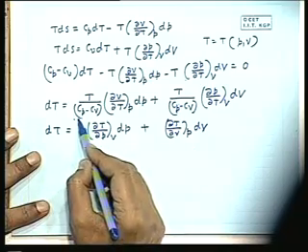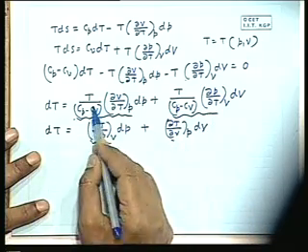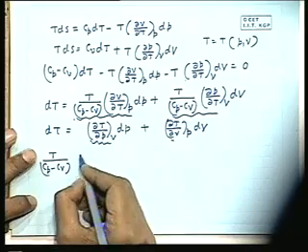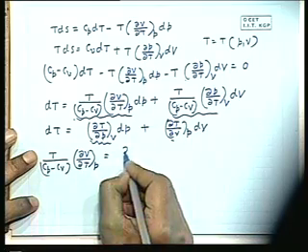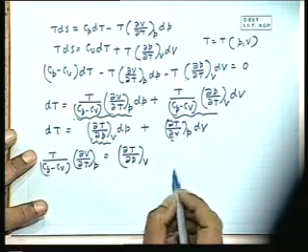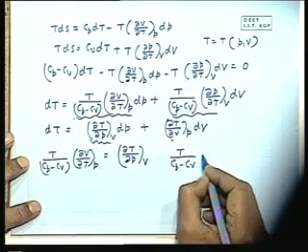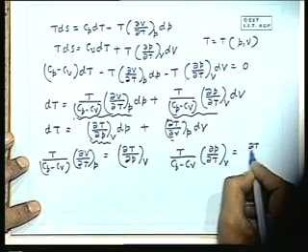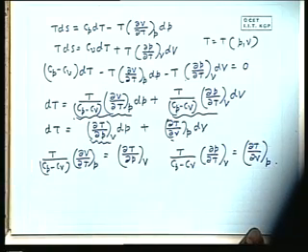That means T by (Cp minus Cv) into (∂V/∂T)_P must equal (∂T/∂P)_V. Similarly, T by (Cp minus Cv) (∂P/∂T)_V is nothing but (∂T/∂V)_P. Clear?